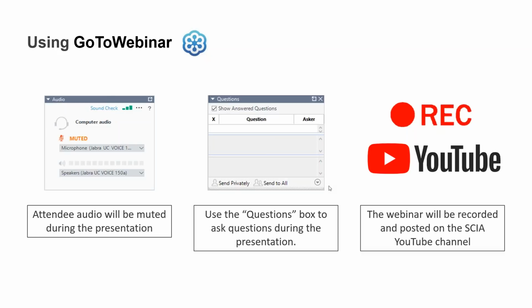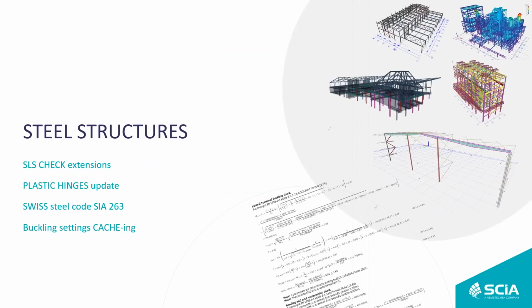I have two important topics today: steel and composite design. I will first do the steel part, and then I will switch to the composite topics. Related to steel structures in version 19, we have SLS extensions.